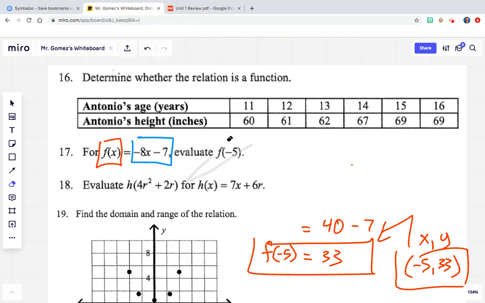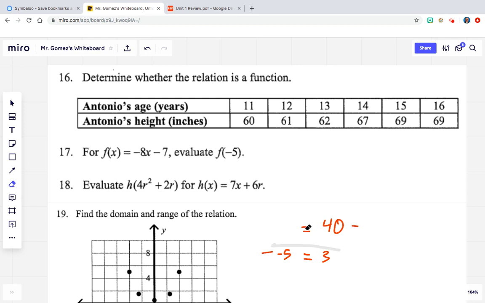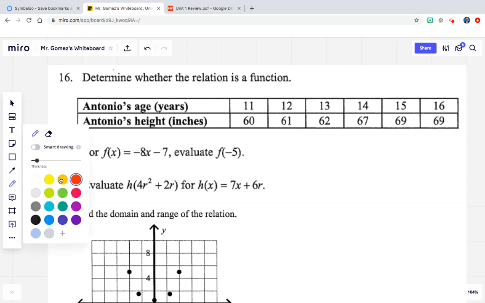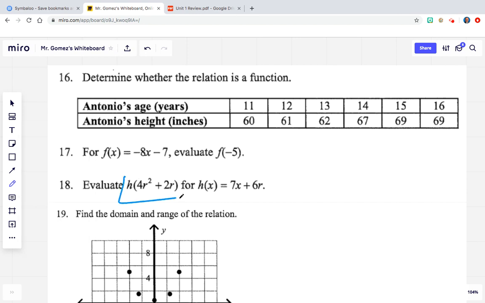Number 18, I'm given an h of x function. So the machine's name is h of x. And we want to find what is h of this stuff right here. Don't get confused on which one is the function. It's defining h of x as this.